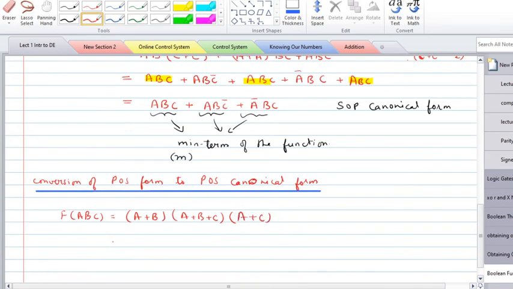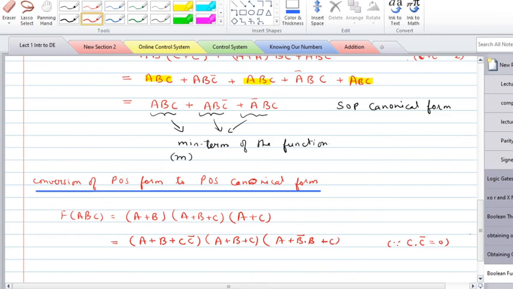In the first term c is missing, so we can write a plus b plus c bar, using the Boolean theorem, because c dot c bar is equal to 0, so it will not affect it.